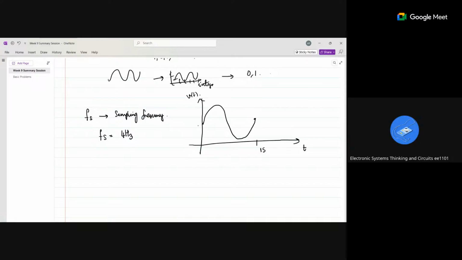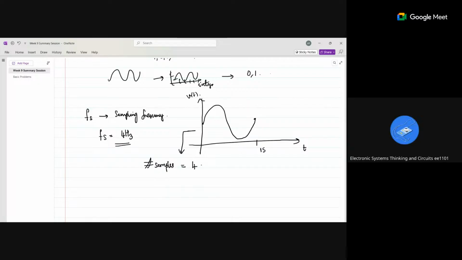How many samples am I going to collect from this signal? My sampling frequency is 4 hertz and my signal duration is 0 to 1 second. How many samples will I get? 4.